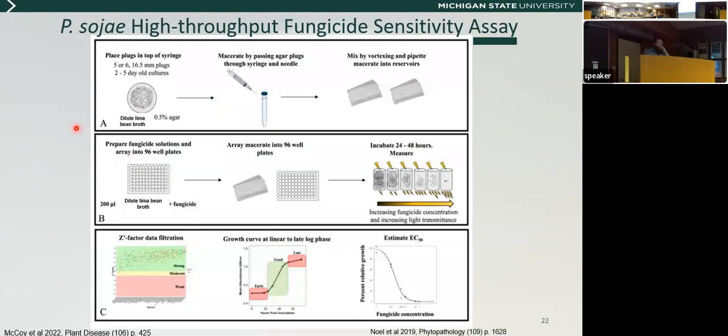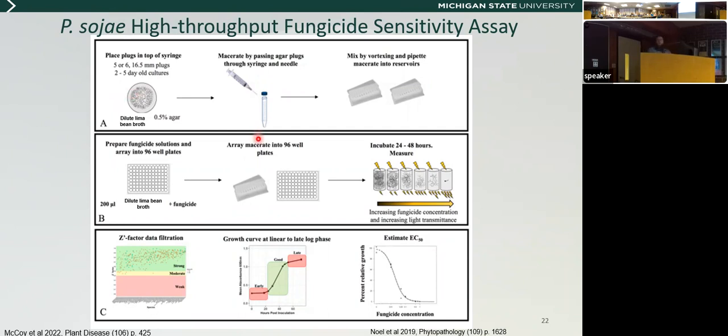So just to get into this high throughput fungicide assay, we grow the oomycetes on a low agar percentage Petri dish. In this case, I used dilute lima bean broth with a 0.5% agar concentration. We take plugs from those growing cultures and macerate them by passing them through a syringe and hypodermic needle into a Falcon tube.